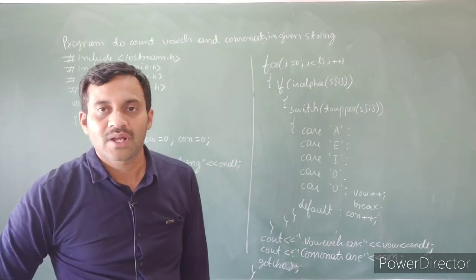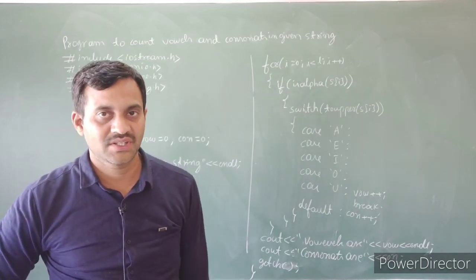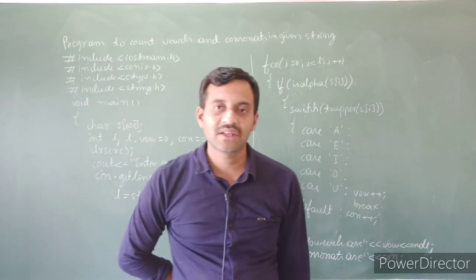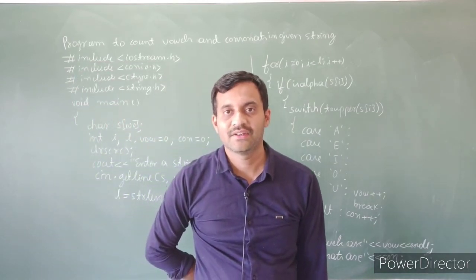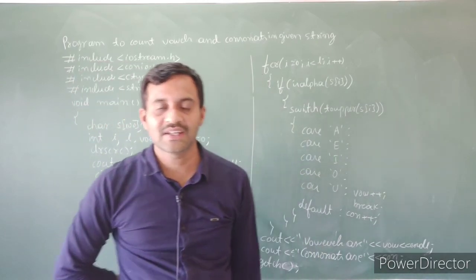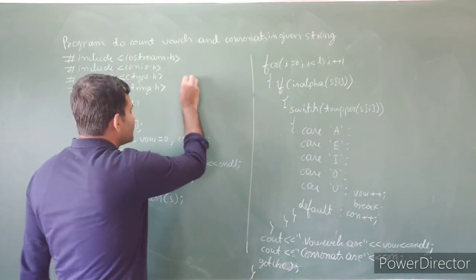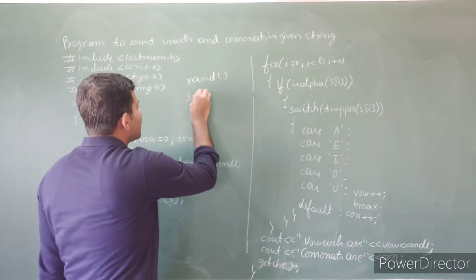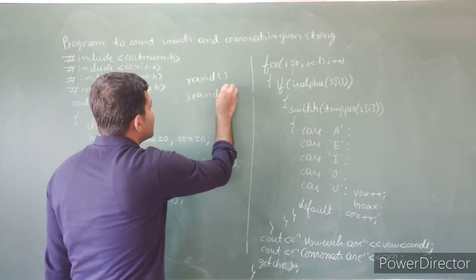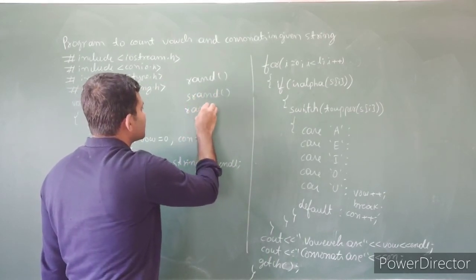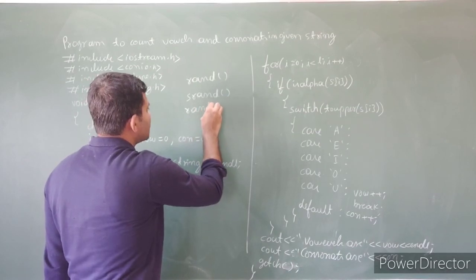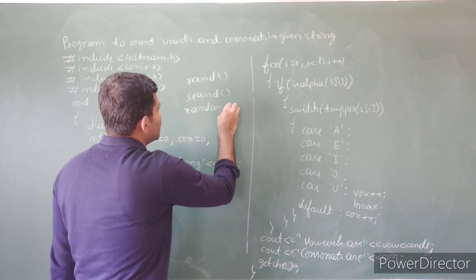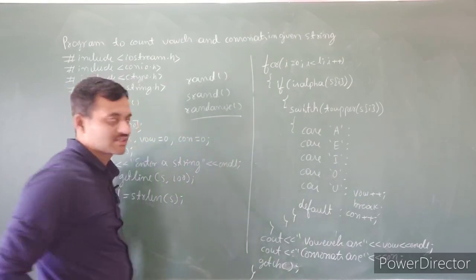This is the last program in this chapter, functions. Then there are some other functions: rand, srand, randomize. These are the other functions.